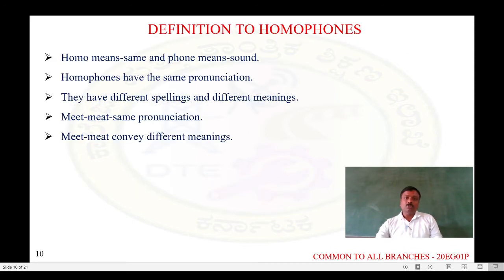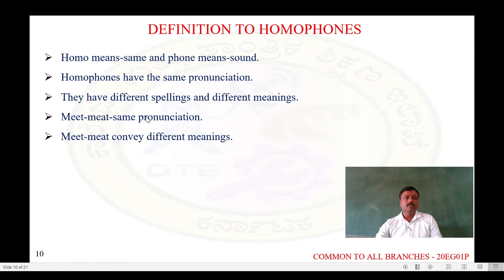Now the definition of homophones. Homo means same and phone means sound. So homophones have the same pronunciation, but they have different spellings and different meanings.